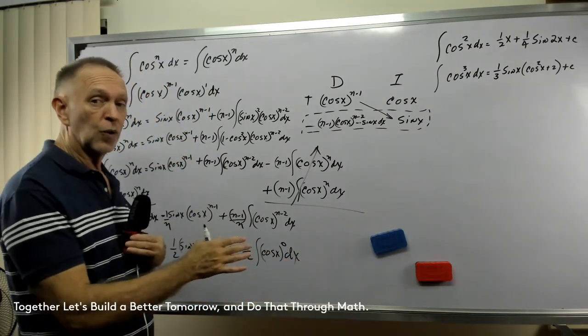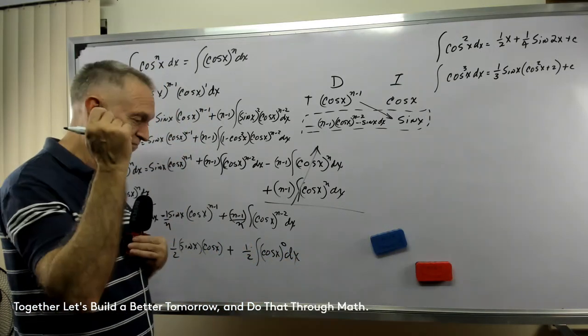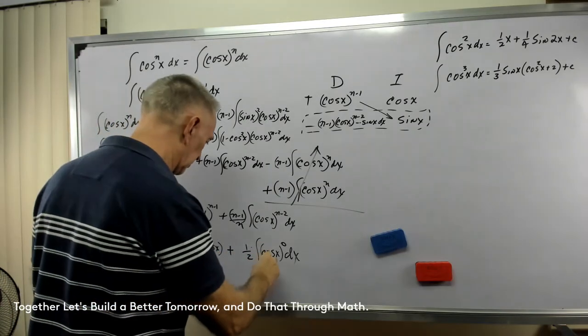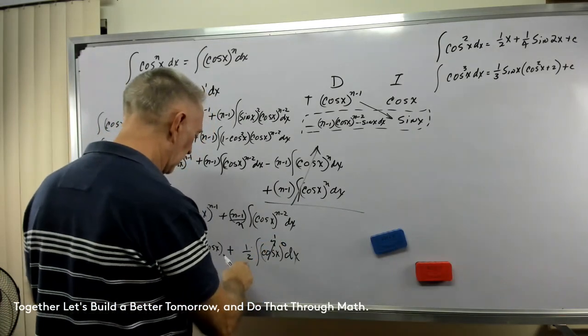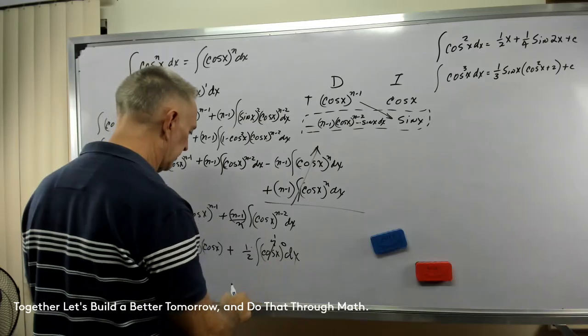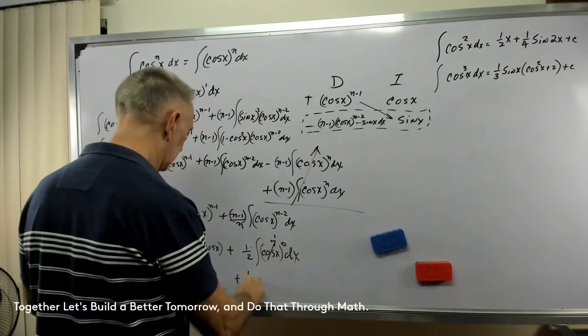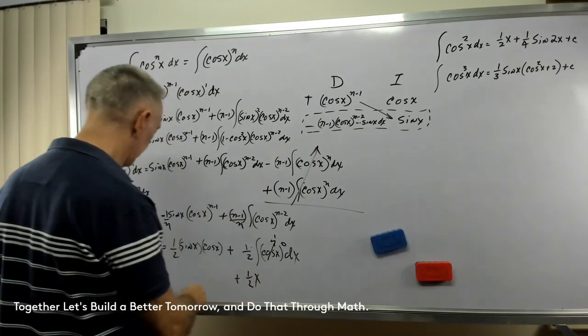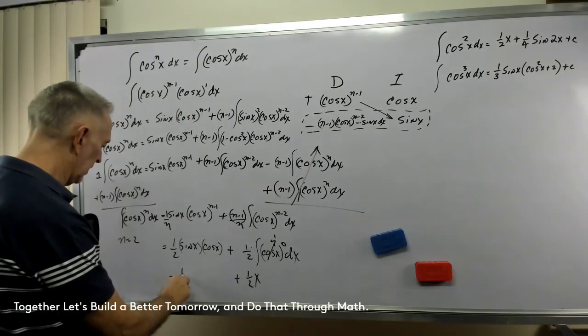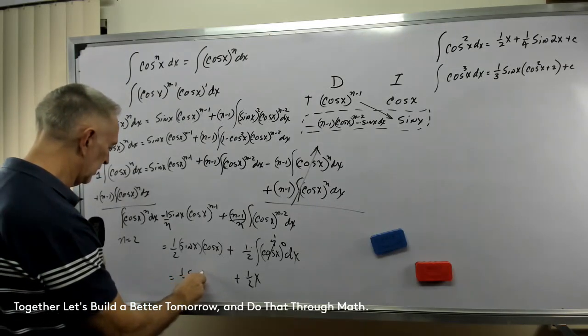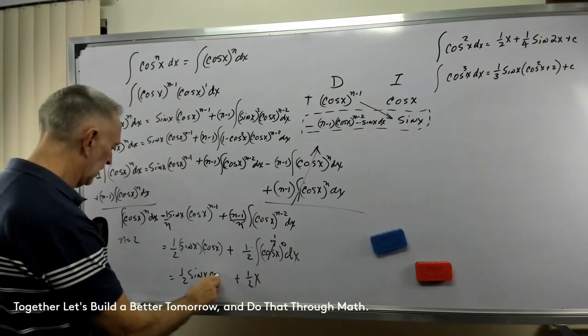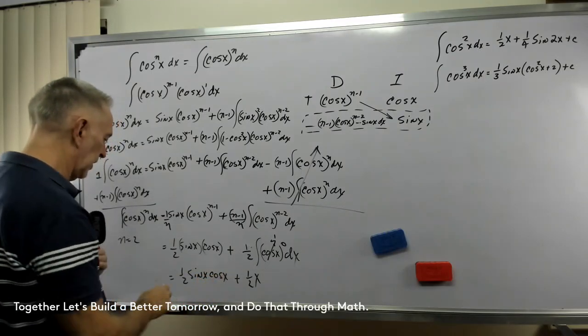Any number raised to the 0 is 1. So this just becomes 1. So I end up with 1/2 the integral of dx. So what is that? 1/2 x. So we have 1/2 sine x cosine x plus 1/2 x.